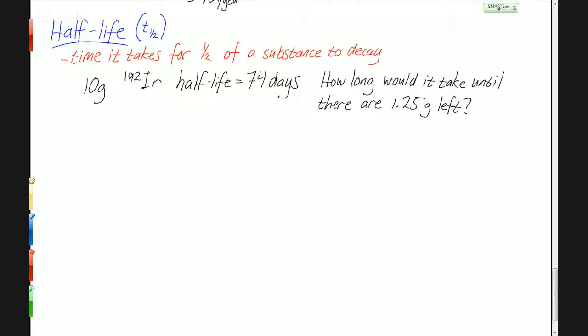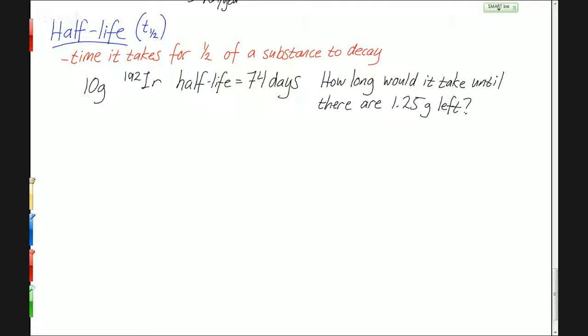So we got 10 grams, half-life is 74 days. How long would it take until there are 1.25 grams left? So what we have to do is keep splitting that 10 in half until we get to 1.25, figure out how many half-lives that is, and if each half-life is 74 days, we know how long.